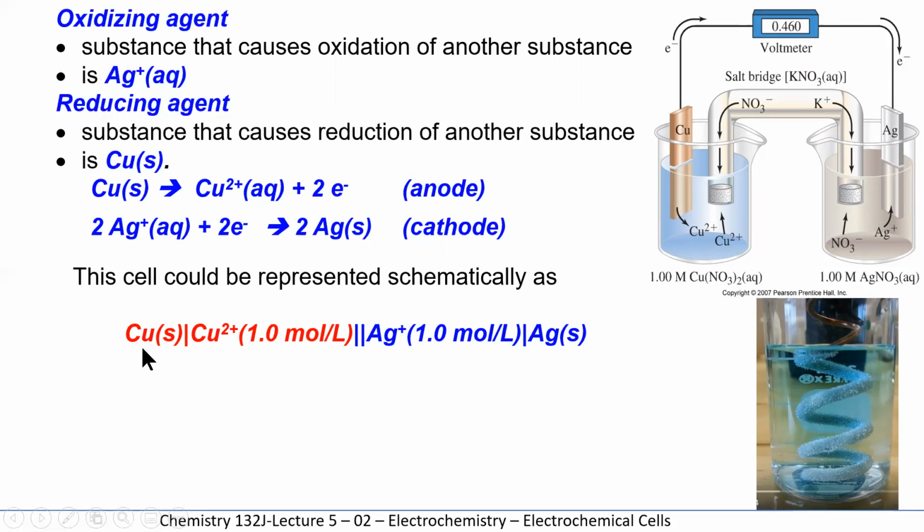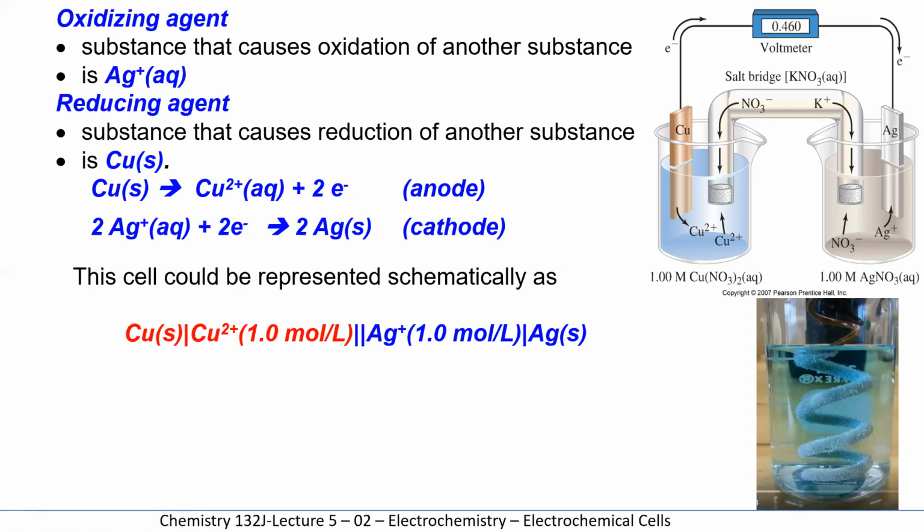We always write the oxidation on the left side, the reduction on the right side. You can see from this script, copper metal is being oxidized to copper ions. It's in a solution of 1 mole per liter electrolyte. In this case, the electrolyte's copper nitrate. The 2 lines represent the salt bridge, which potassium nitrate serves admirably in that role.